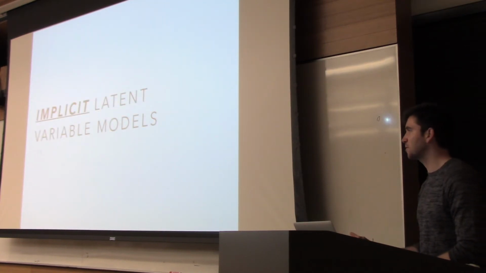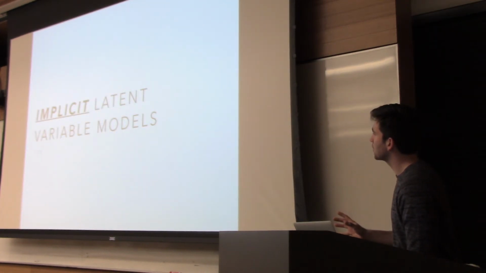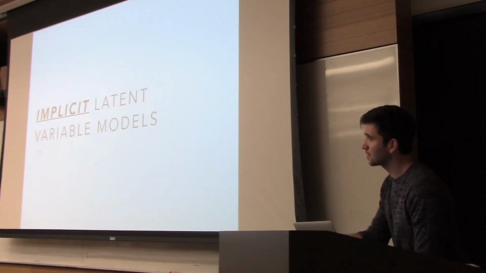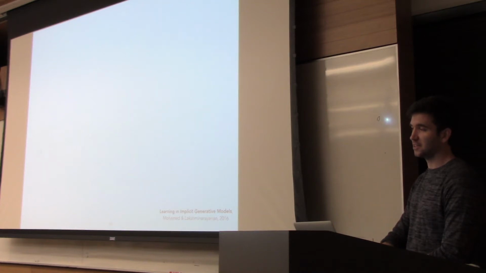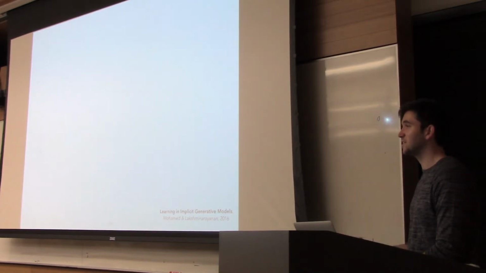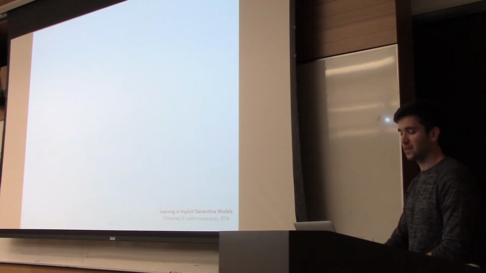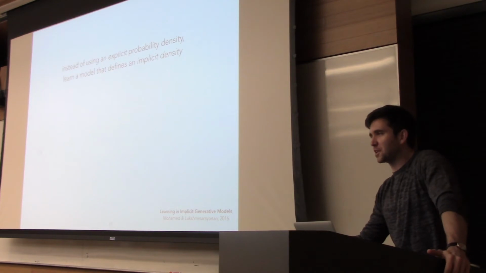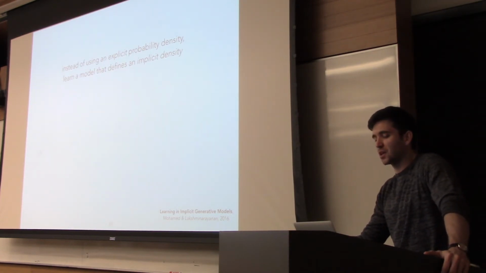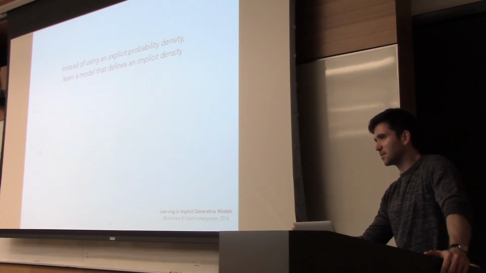Okay, the final area of generative models that we're going to talk about are the so-called implicit latent variable models, or just implicit models. This is a relatively new idea, and it's garnered a lot of attention. It's a very exciting area. The main idea is that instead of using the explicit probability densities that we've been using up until this point, what if we learned a model that implicitly defined this density?